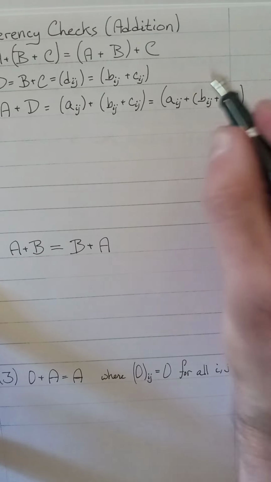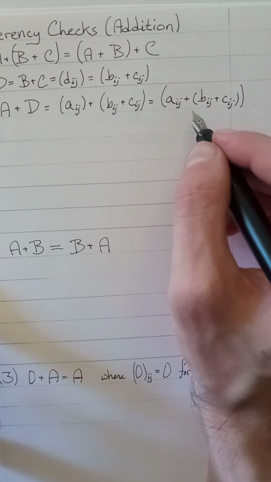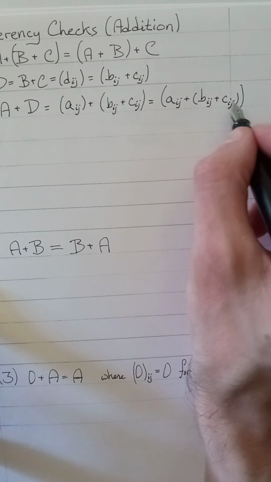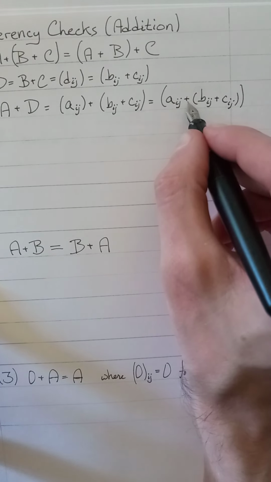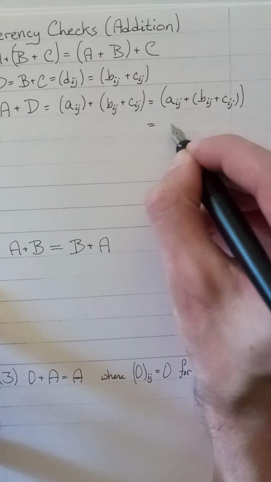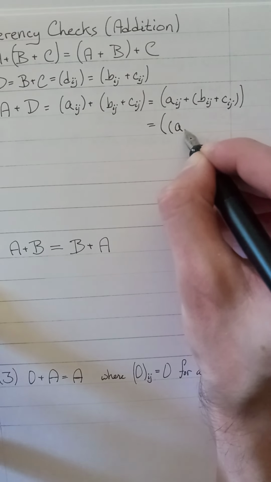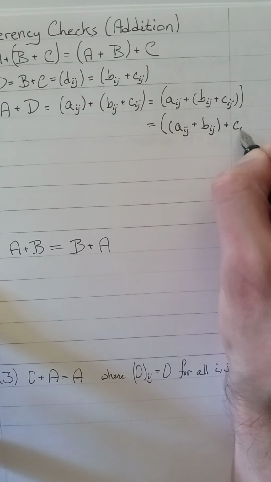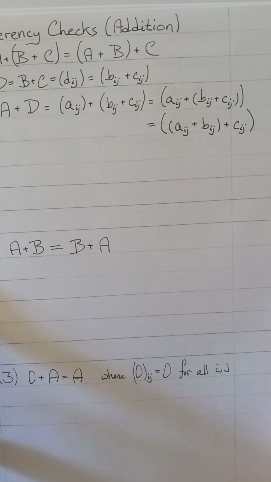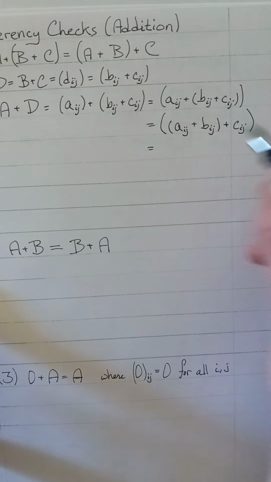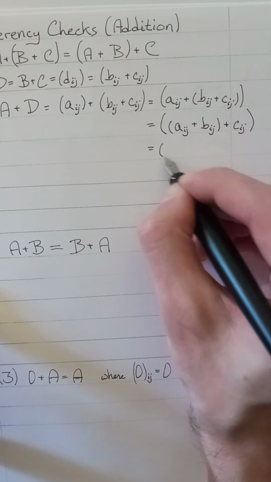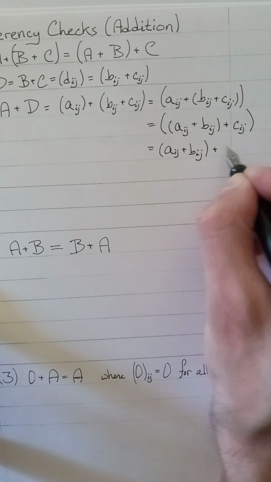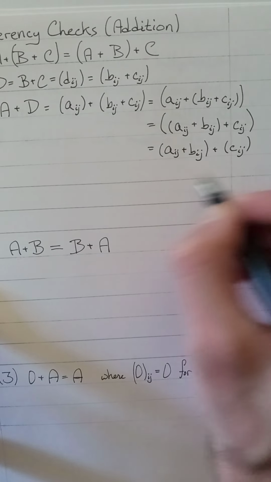And this is where piggybacking off of the usual arithmetic of numbers comes into play, because this is a number, that's a number, that's a number. And we know that associativity holds for numbers. So we know definitely that a_ij plus (b_ij plus c_ij) gives us the same thing as (a_ij plus b_ij) plus c_ij, right? But then unrolling the definition of matrix addition, this is just (a_ij plus b_ij) plus c_ij.